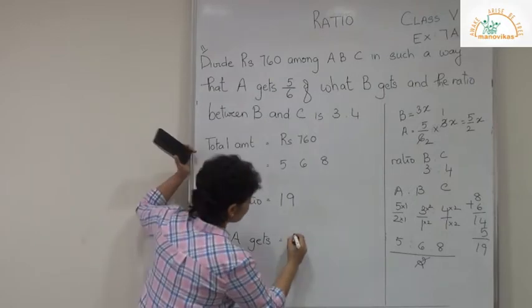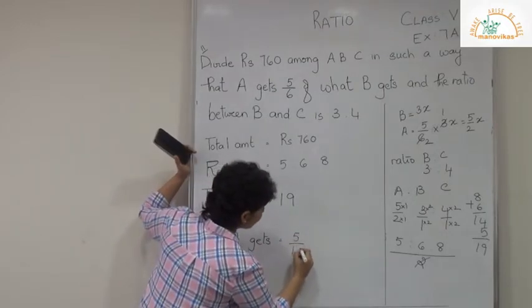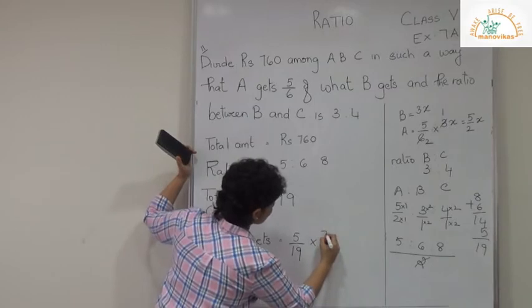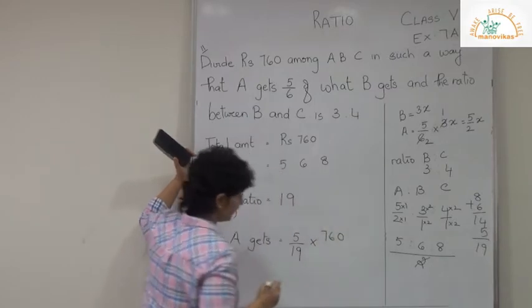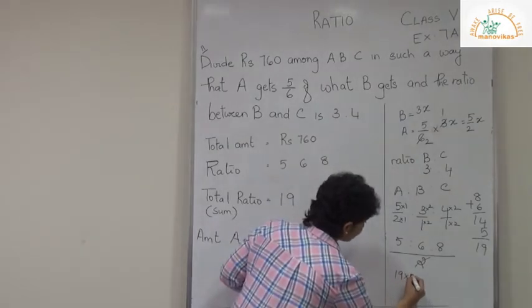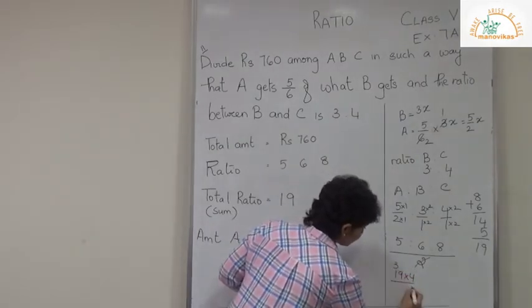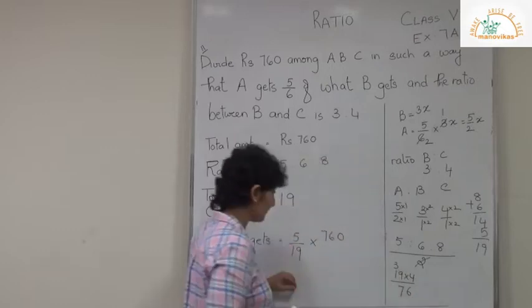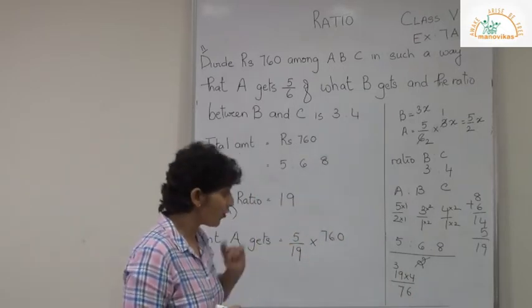What do we do? 5 upon 19 into 760. Right? Let's see how much is 19 into 4. 4 nines are 36, 4 ones are 4, so 76. So you know 19 fours are 76.